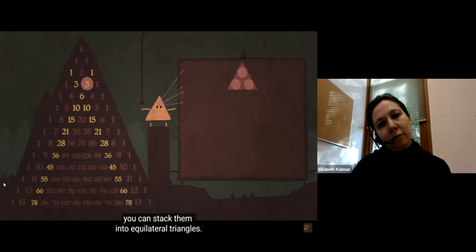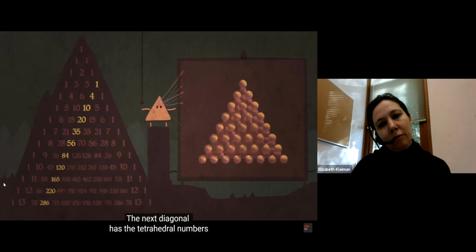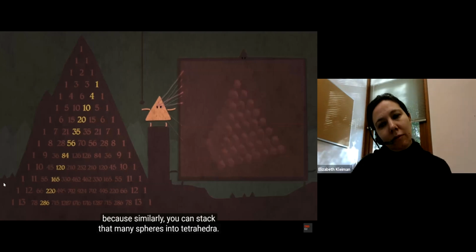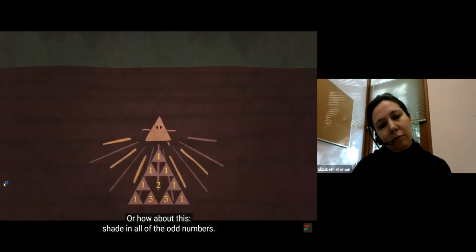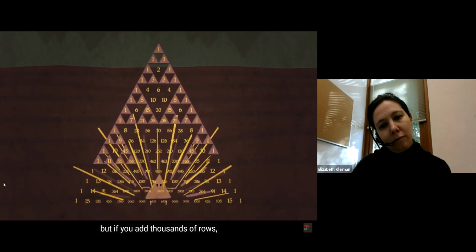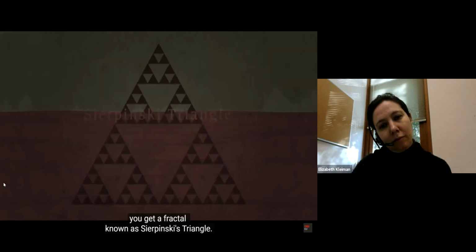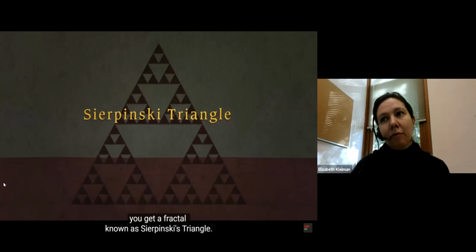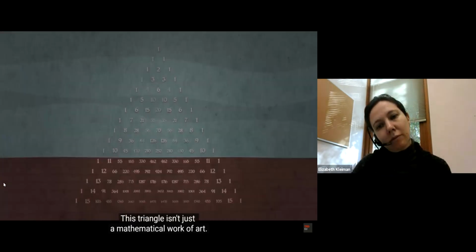The next diagonal has the tetrahedral numbers, because similarly, you can stack that many spheres into tetrahedra. Or how about this? Shade in all of the odd numbers. It doesn't look like much when the triangle's small, but if you add thousands of rows, you get a fractal known as Sierpinski's triangle.